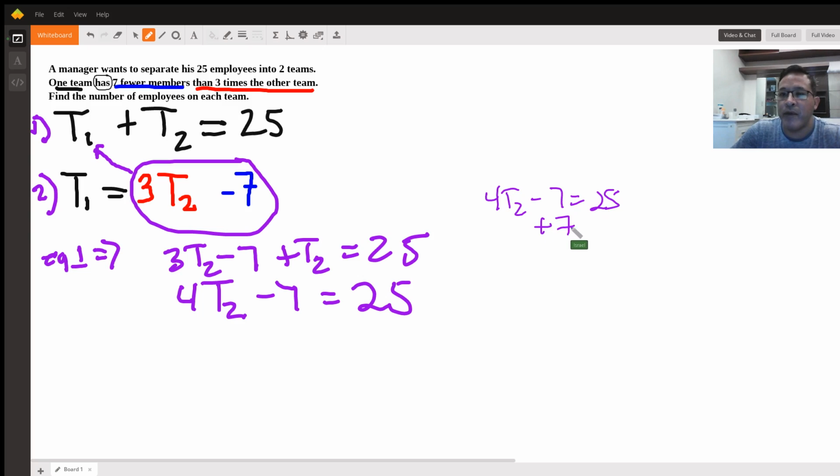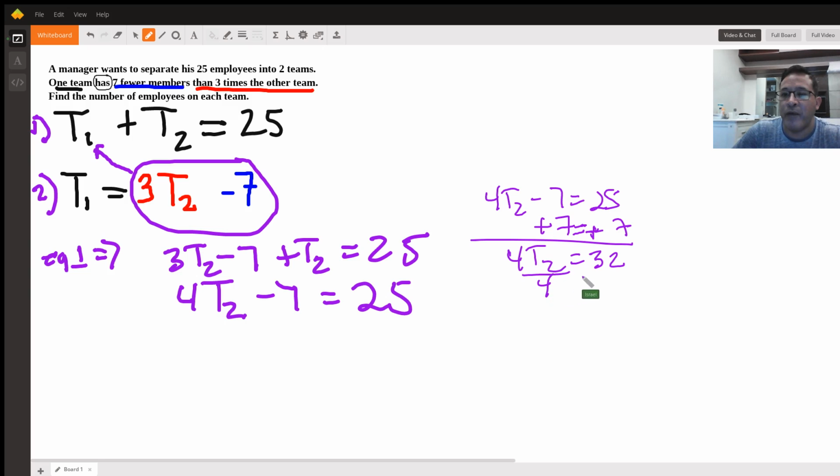Let's move the 7 over. Apologize for that, still getting used to the pen and the app. I add 7, so that's 4T2 equals 32.